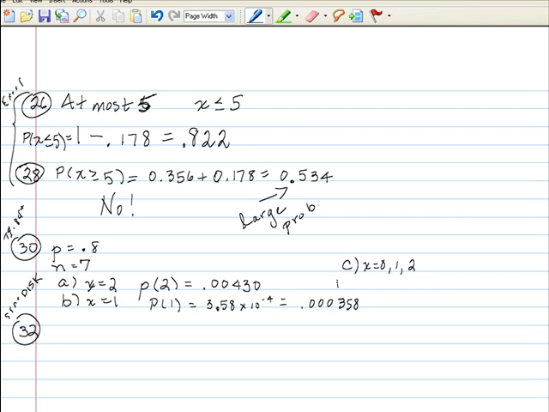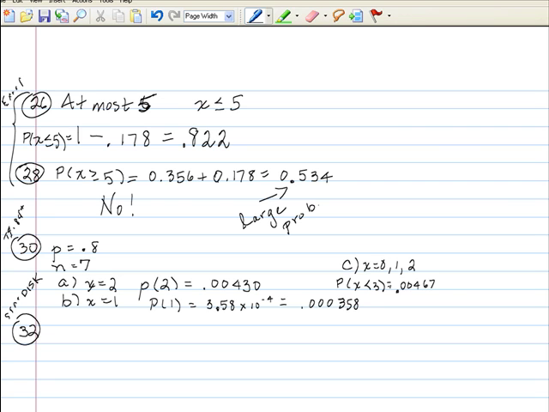And again, for the book, it's going to give you 0.004, which is slightly different from what we got with the calculator. If we randomly select 7 adults, is it an unusually low number for those who watch primetime TV?